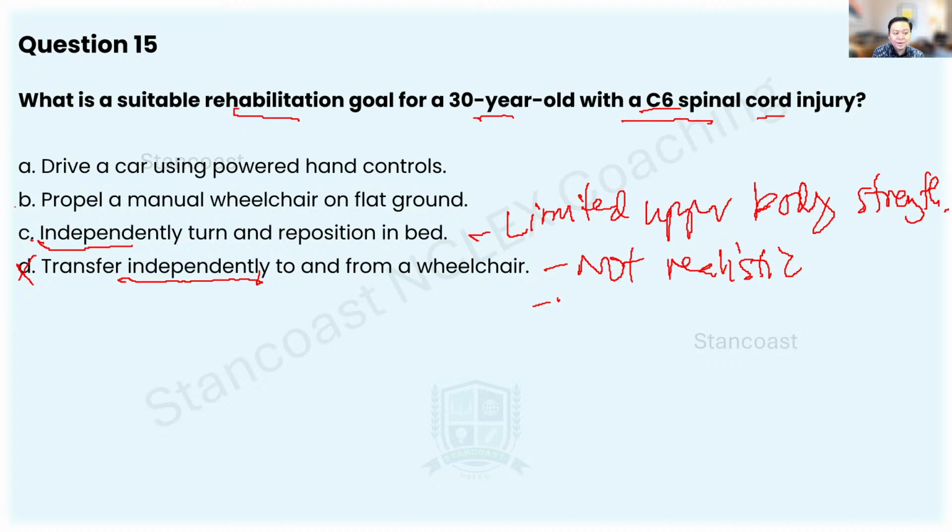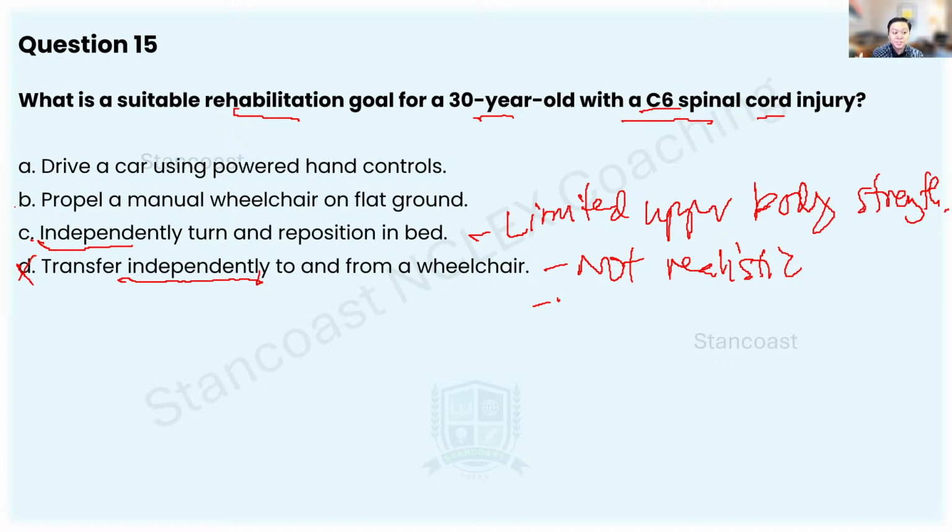What about letter B? Propel a manual wheelchair on flat ground. What do you think about letter B? Propel. For those patients that have a C6 level injury, they can actually use their hands. That's available.